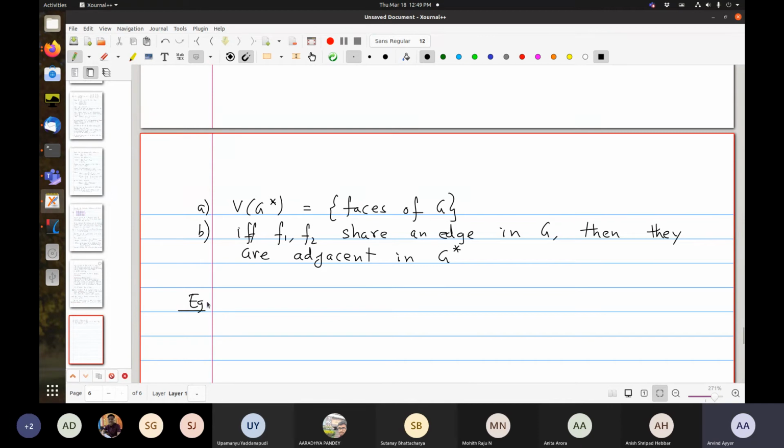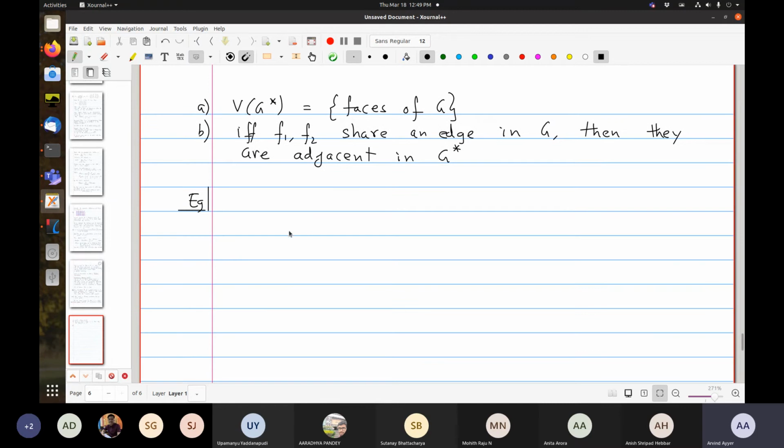So for example, let me take a planar graph, and to keep in mind Sutanai's question, let me have some odd faces.